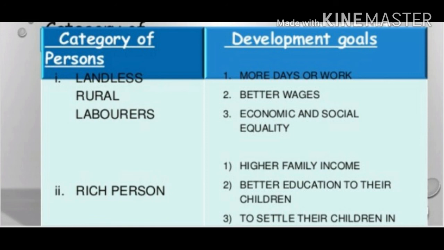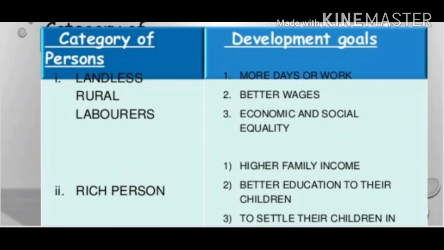Second, better education for their children. And third, to settle their children abroad. Comparing these two categories of persons, we see everyone wants developmental goals, but their developmental goals are different from each other.